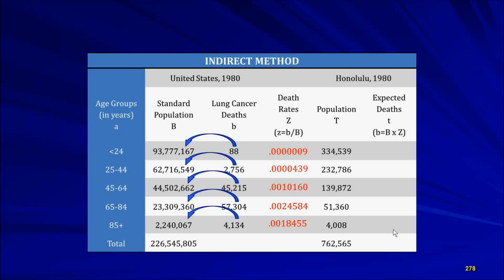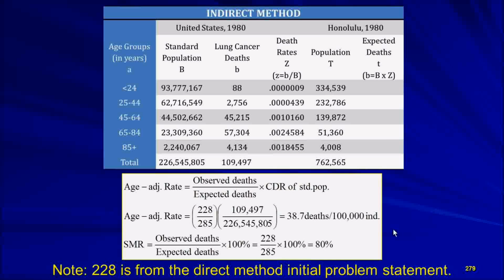After we have that information collected and organized, here's the U.S. population and here are the lung cancer deaths, so we could do a crude rate. We could divide this number by this number and multiply it by 100,000 and come up with a crude death rate.